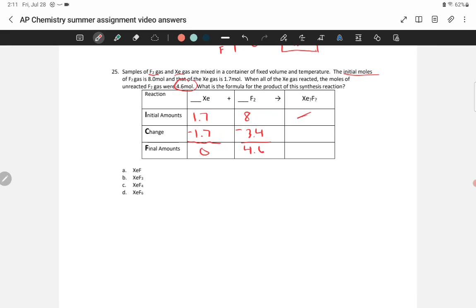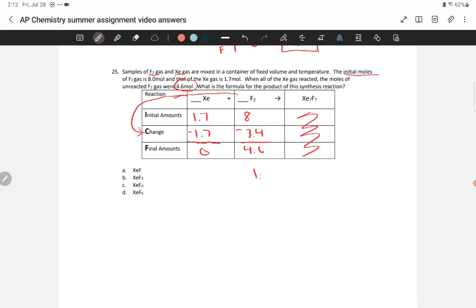This doesn't really matter because we're not being asked about what's going on with the initial, change, or final for the product. But what we're trying to find out is what goes into these spots. So those spots always have to match up. These have to match up with the change.